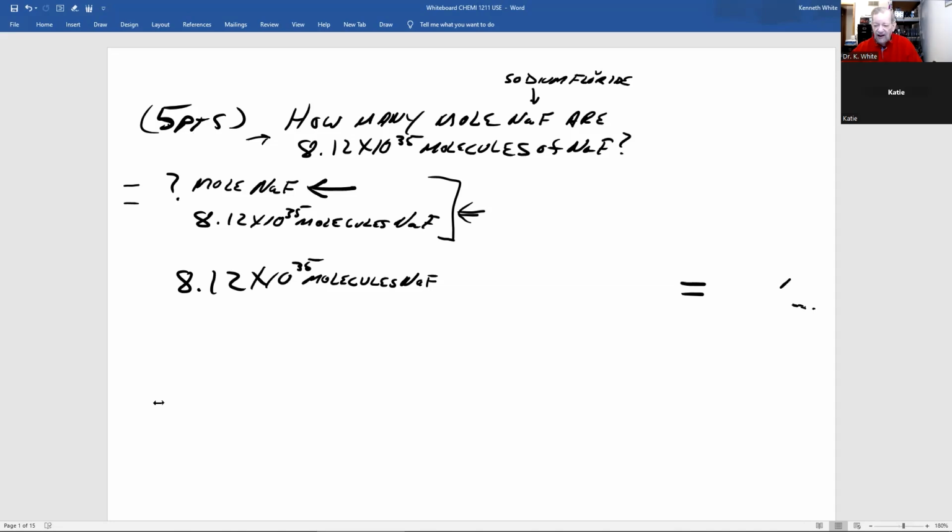You're trying to find moles of sodium fluoride. Well, if there is some magic ratio to convert molecules to moles of sodium fluoride, the question would be, what goes on top, what goes on bottom, units.